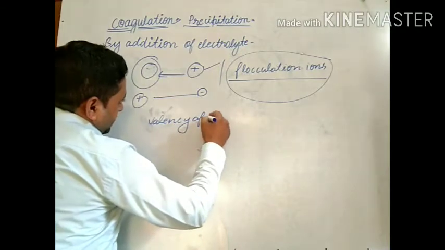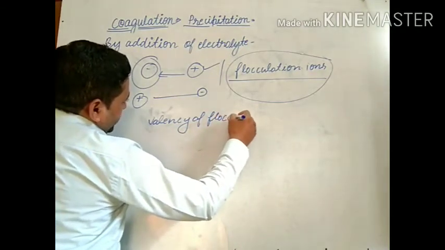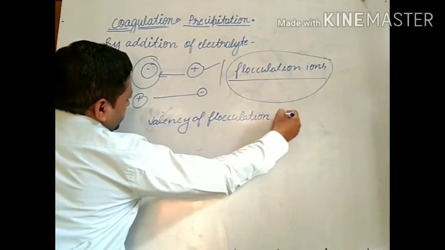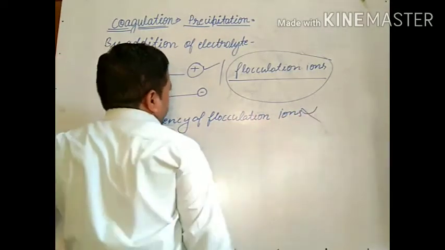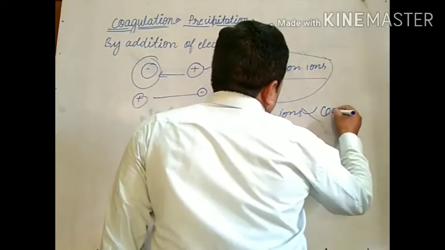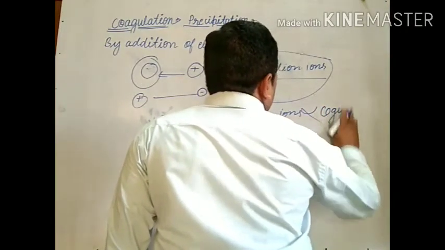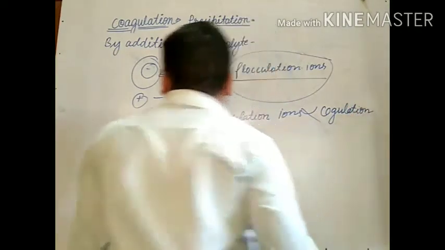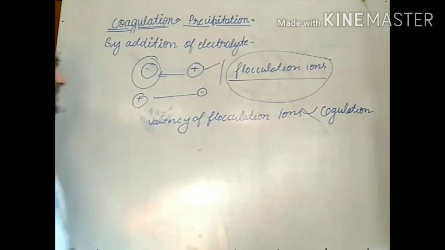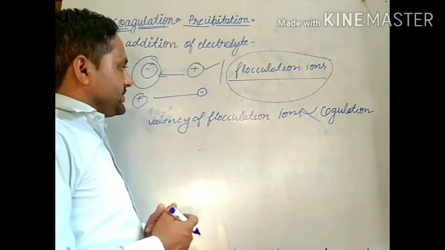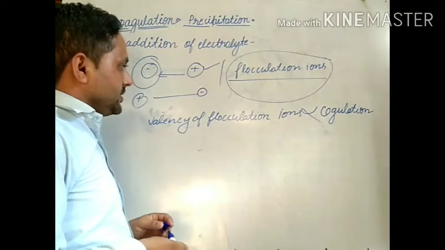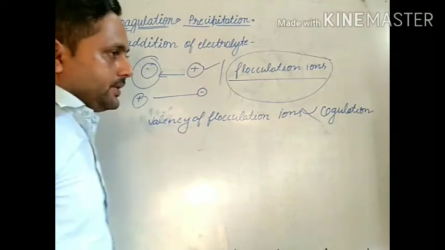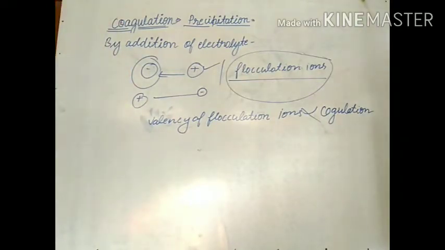It means if flocculation ions have higher valency, they will coagulate the colloidal solution at a higher rate.